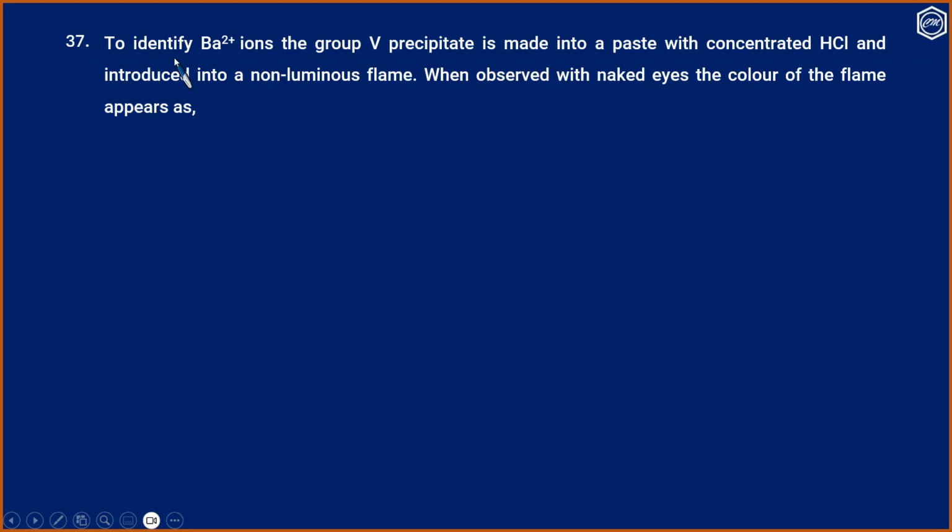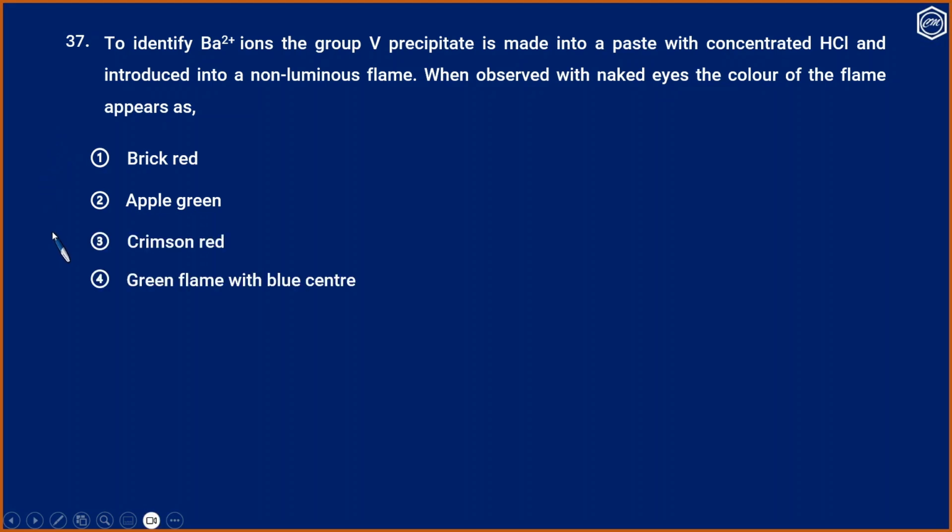Question 37. To identify barium 2+ ions, the group 5 precipitate is made into a paste with concentrated HCl and introduced into a non-luminous flame. When observed with naked eyes, the color of the flame appears as 1. brick red, 2. apple green, 3. crimson red, 4. green flame with a blue center.